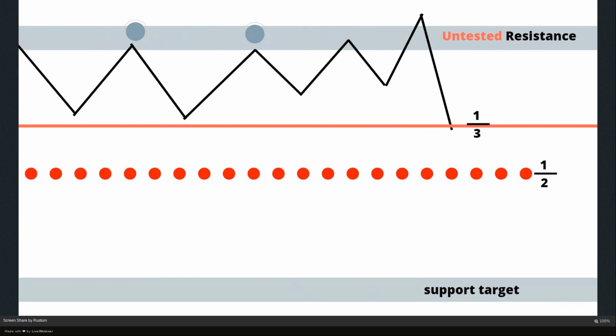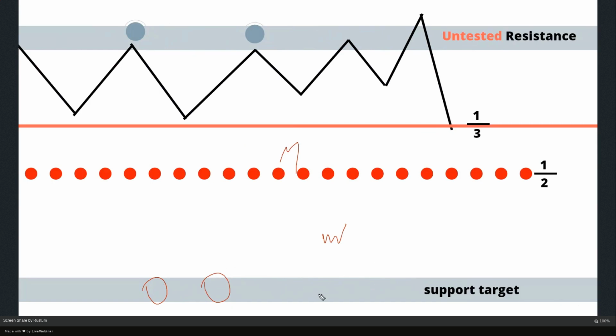Because as I said before, the M and the W patterns occur anywhere on the charts. So what we're doing is just trying to filter out the M that happens here or the W that happens there. We are waiting for the level to be hit first.